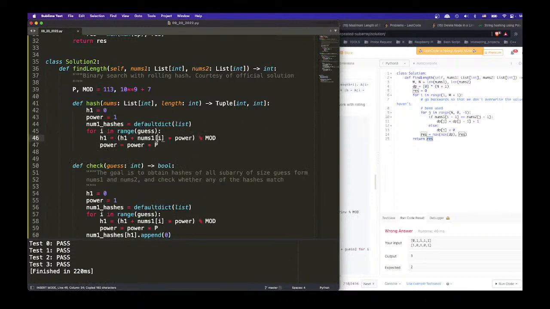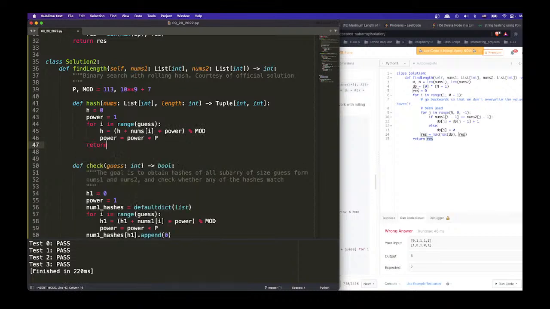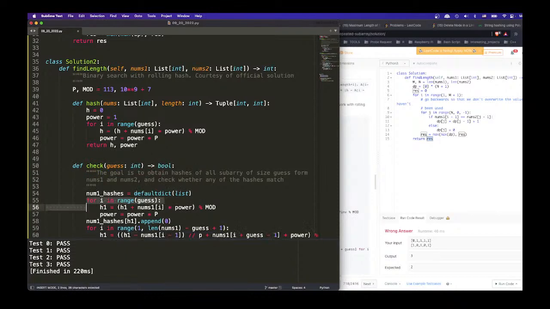So we're gonna say h, power. We don't need this. Guess. h equals h plus nums I and power and a mod, and I'm gonna return h and power. Okay, so we then have the hash.